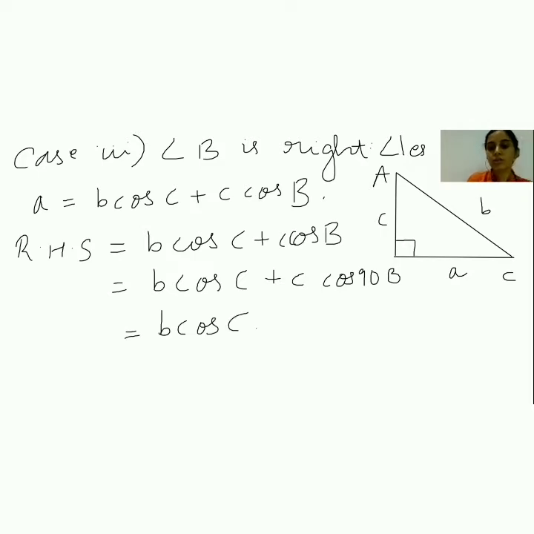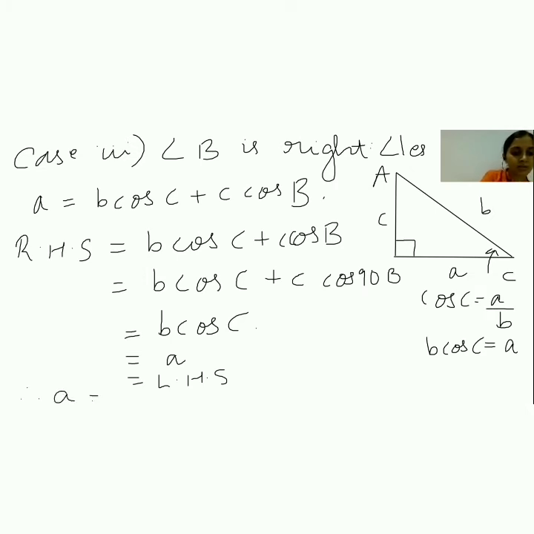Now what is cos C over here? Cos C is adjacent A upon hypotenuse. So B cos C will be equal to A. So this is equal to A, the left hand side, and therefore we have proved the condition for the right angle as well.